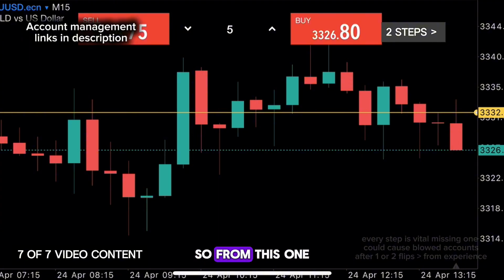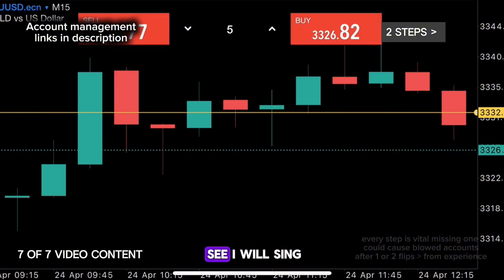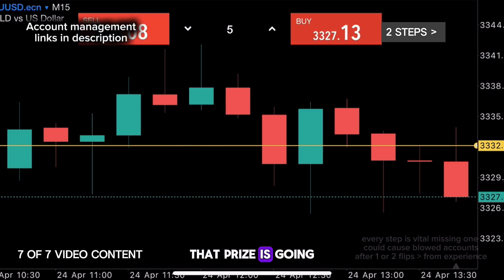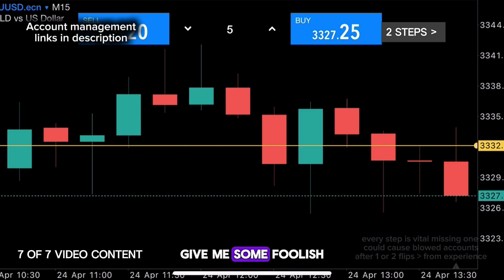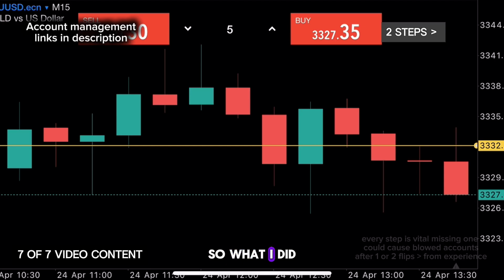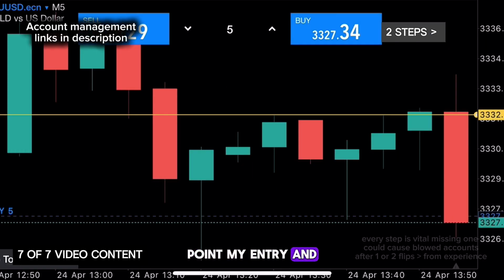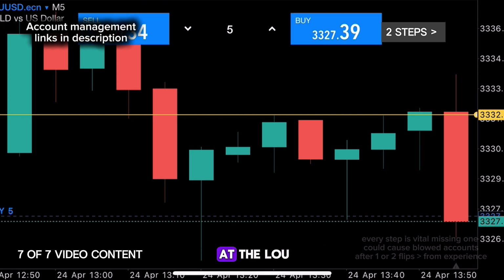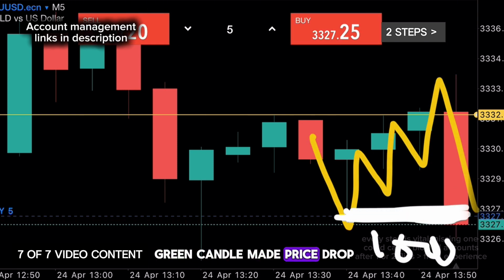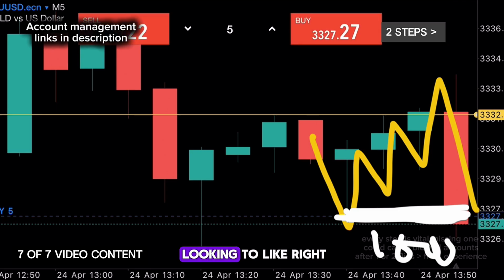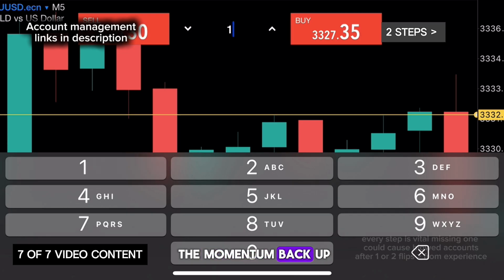So from this moment in time, we can see I was seeing that price is going to give me some bullish price action. So what I did is that I pinpoint my entry, and then I started sniping at the low. You can see that green candle made price drop. So now I was looking to ride the momentum back up.